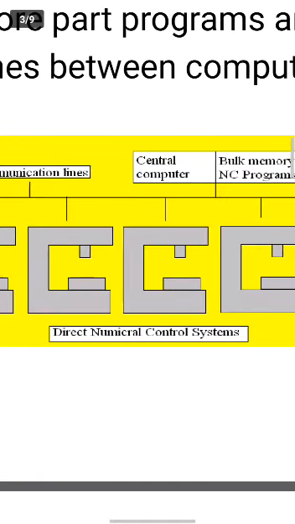It will collect the data. The communication between the central computer and all machine tools takes place through the telecommunication lines, so it collects data from the central computer and from the machine tool also.